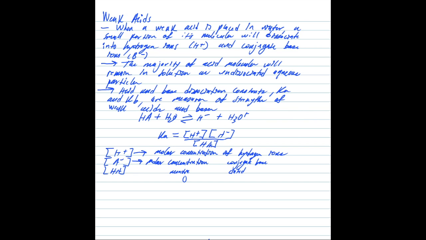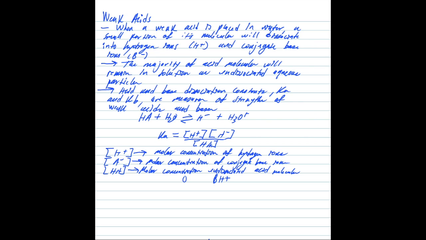And then to get the constant Ka, we have products over reactants. So the reactant HA is in the denominator, and the products H plus and A minus are in the numerator. H plus is the molar concentration of hydrogen ions, A minus is the molar concentration of the conjugate base ions, and HA is the molar concentration of the undissociated acid molecules.